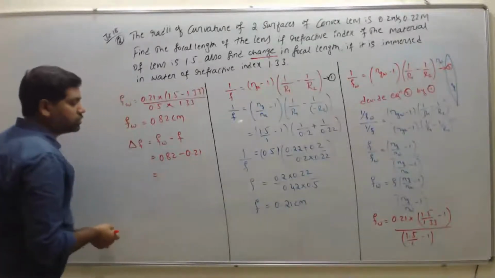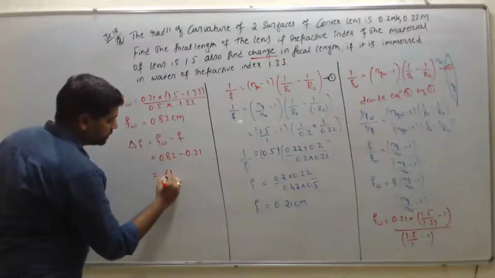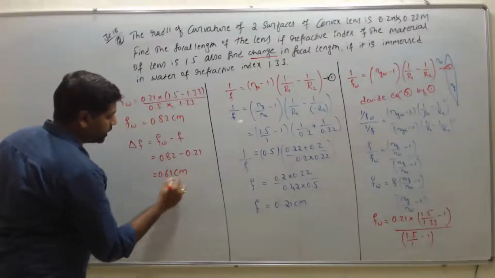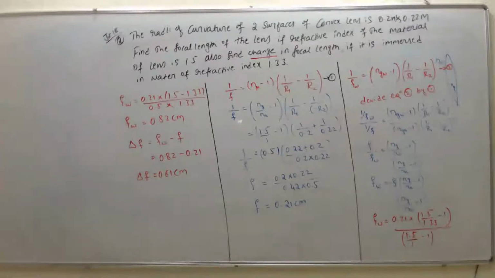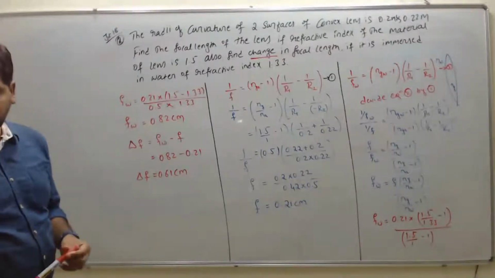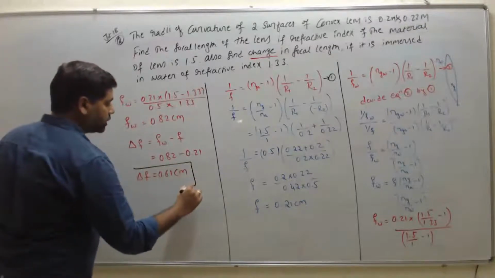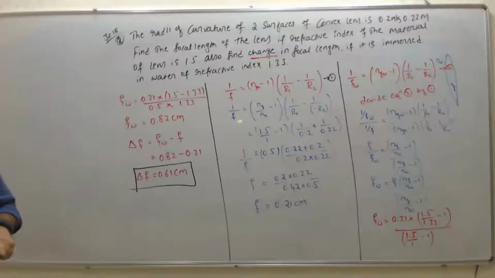So that is equal to 0.61 centimeter. That is the change in focal length. So this is the solution for the given question. So this one is the final solution, right?